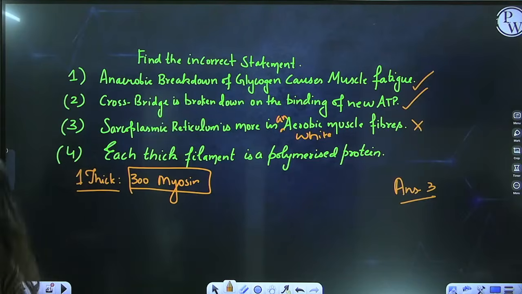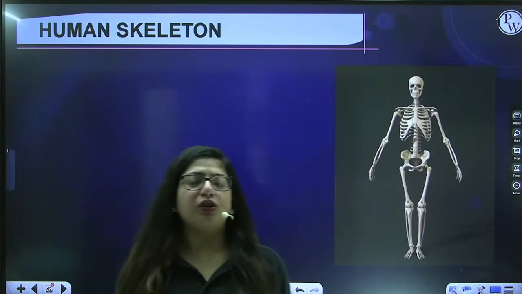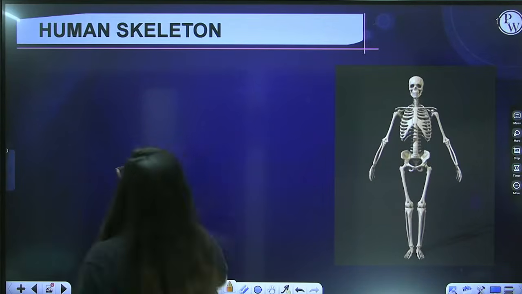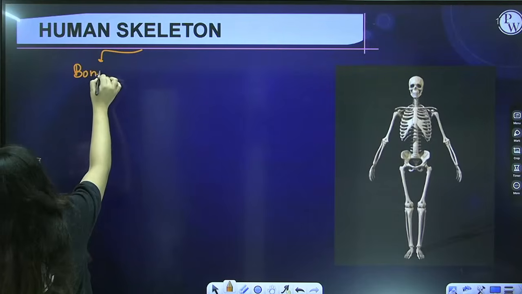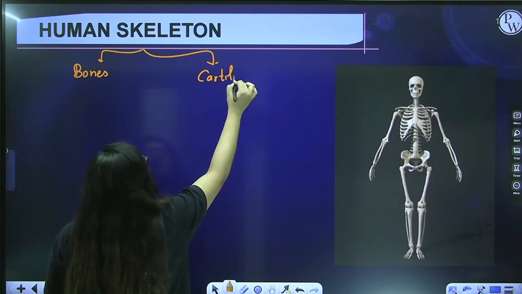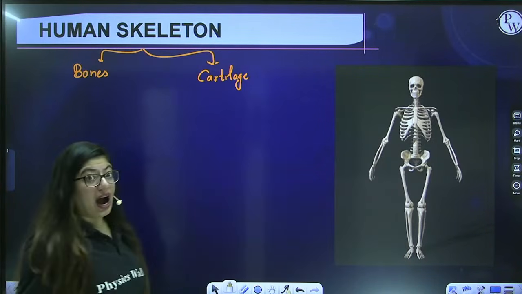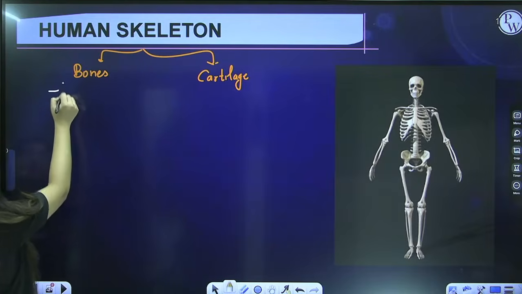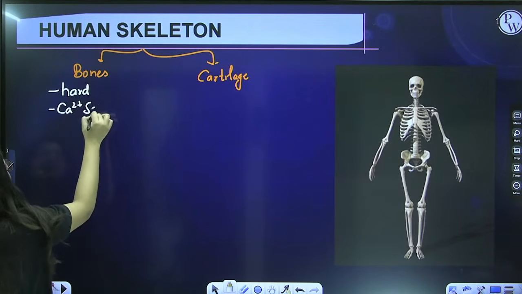Okay, all right. Next, let's start with the skeletal system. The human skeletal system comprises two things: one is the bones, another is your cartilage. The difference between bone and cartilage is that bone is quite hard because it has calcium salts.